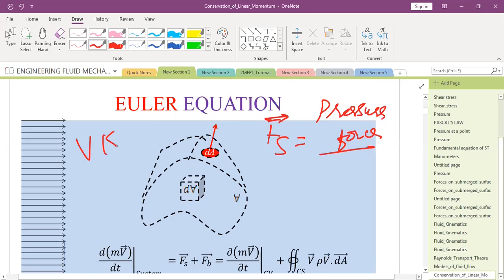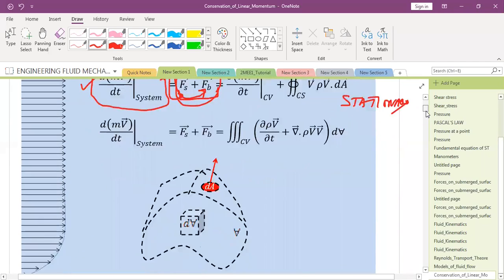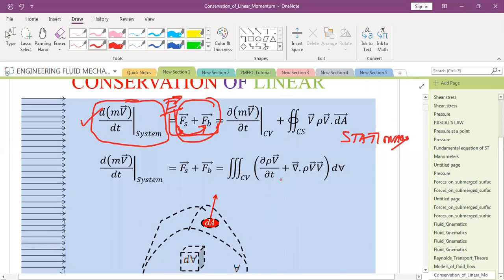Although viscosity is non-zero everywhere, you don't have any fluid in this universe, as far as it is known, that has zero viscosity. Viscosity will always be not equal to zero. That is for sure.